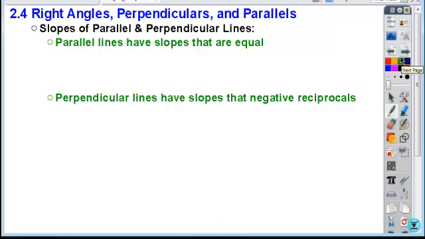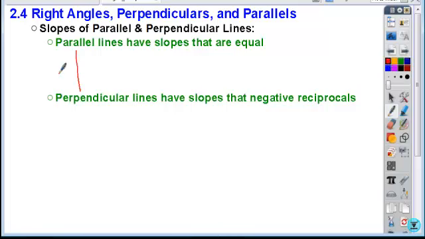All right, the last thing to do calculation-wise before we move to constructions is to talk about how this relates to coordinate geometry, or the algebra of geometry. And that is: parallel lines have slopes that are equal, whereas perpendicular lines have slopes that are negative reciprocals.